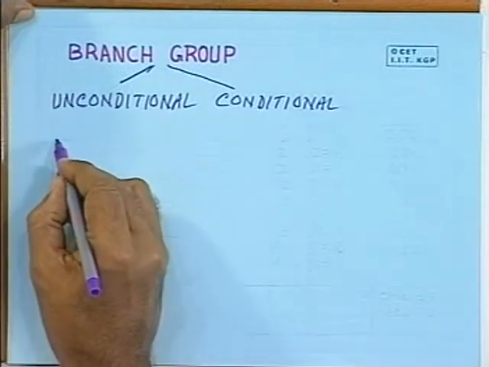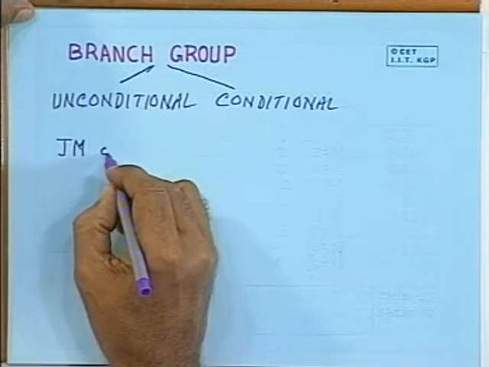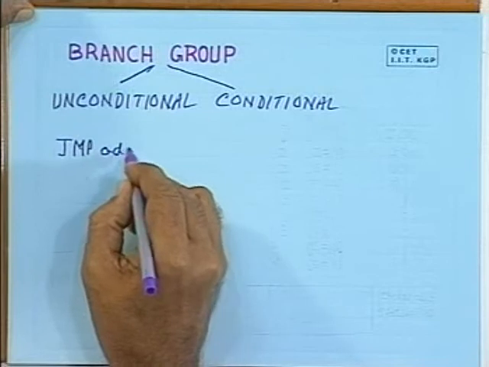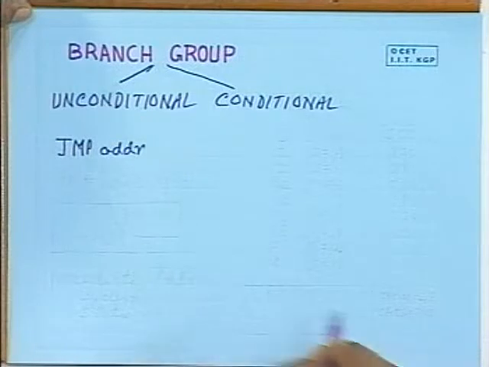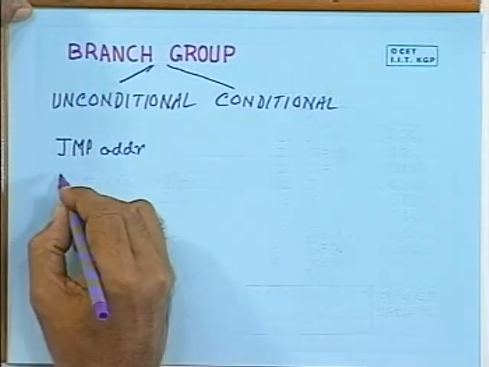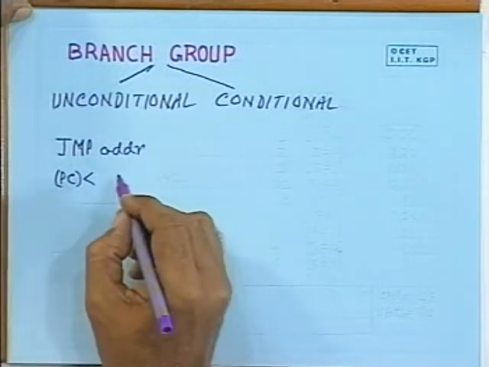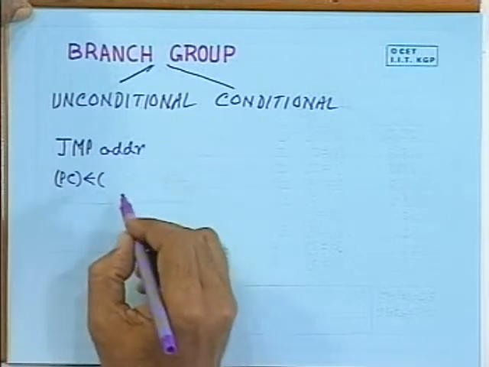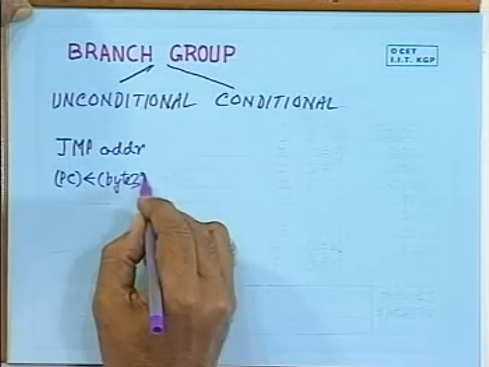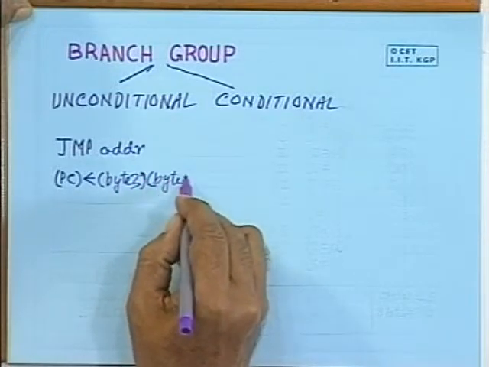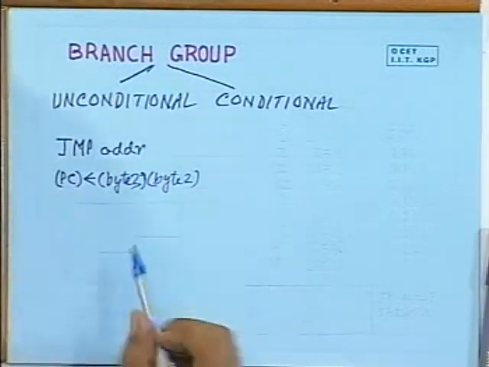The unconditional instruction in case of 8085 is called jump, JMP ADDR. This is the mnemonic for that unconditional jump instruction. What it does is it loads the program counter with the value provided by this instruction, byte 3 and byte 2. So, byte 3 and byte 2 are provided as part of the instruction in this way.